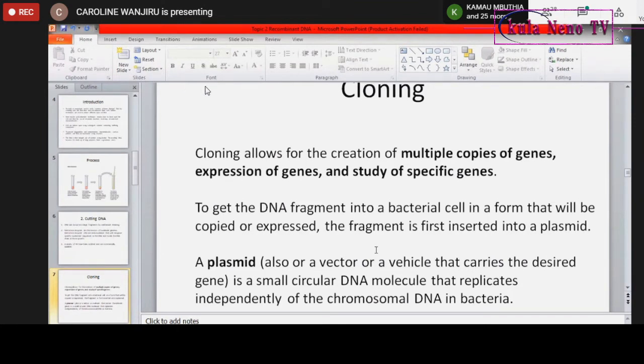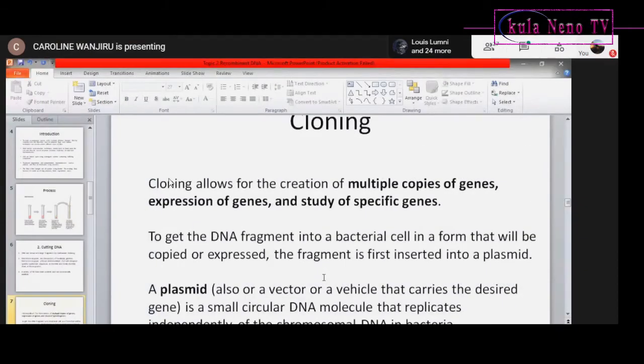No. Once you cut your gene, you isolate your gene of interest. The next thing you want to do is make as many copies as possible so that it will help you in whatever work it is. Maybe if you're just interested in carrying out research, that will help you.